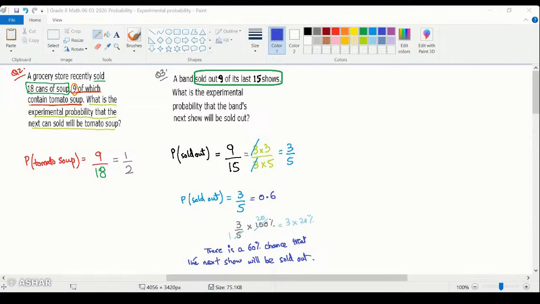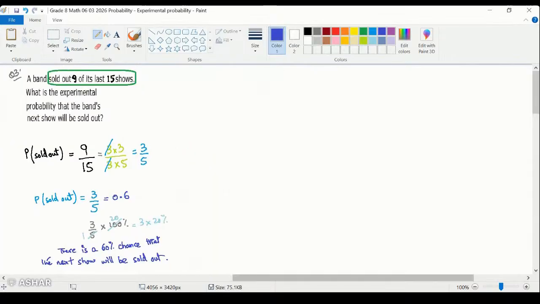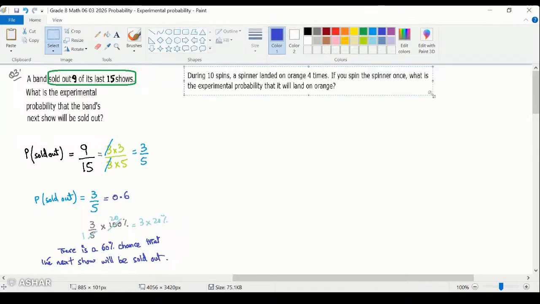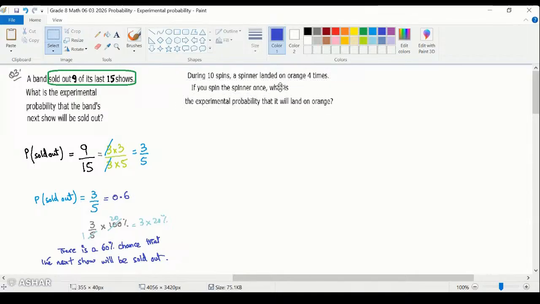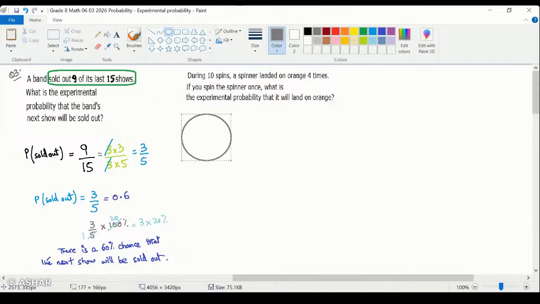Okay. For the next question, it says, let me just copy and realign first. During 10 spins, a spinner lands on orange 4 times, right? Let's suppose I'll draw a spinner. I'll show you what exactly is a spinner. This is circular.